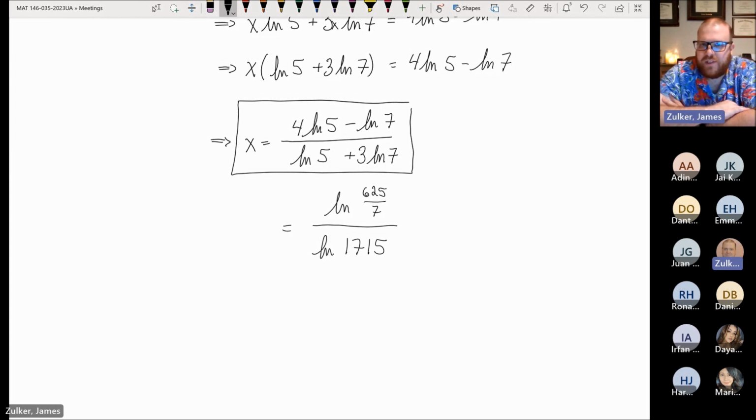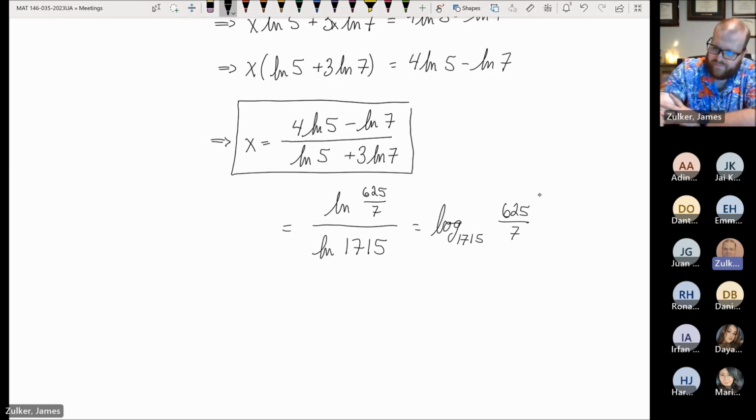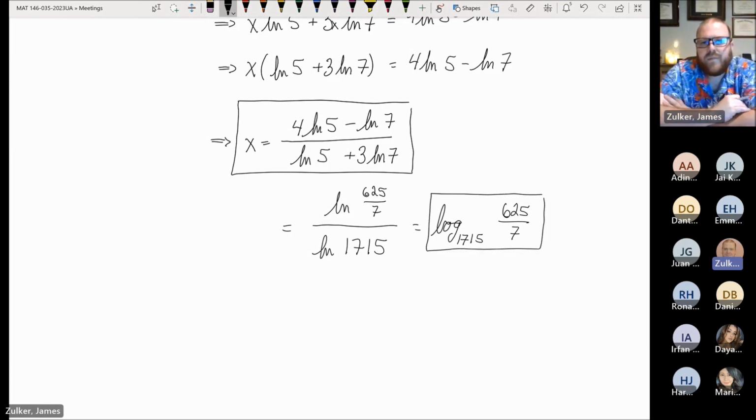And then we could use the change of base formula. Let's write that. Log base 1,715 of 625 over 7.